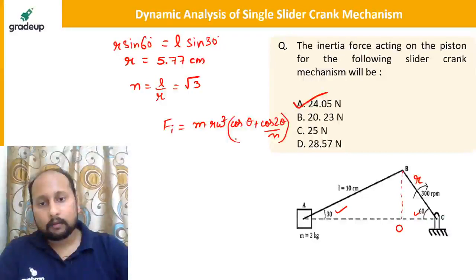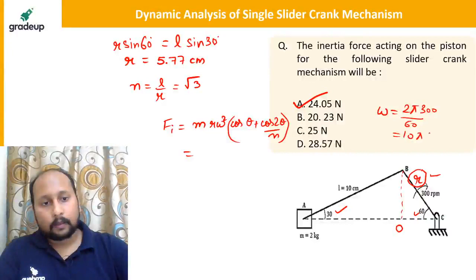Okay, fine. So everything is given, mass is given, radius is given, you have calculated. Omega is 300 rpm. You will be calculating that omega is equal to 2 pi 300 by 60. So this will be 10 pi radian per second. Just put the value, theta is equal to 60.